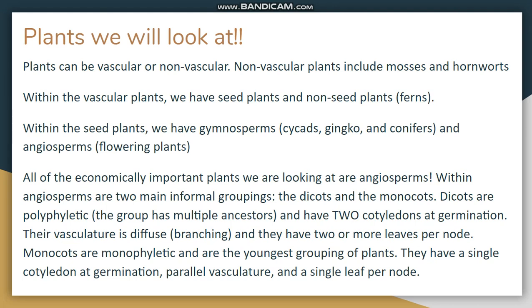Now, I should more accurately say a single cotyledon in monocots or a double cotyledon in the dicots as embryos, and that's not fully true either, because there are plants where the cotyledon doesn't actually emerge from the seed coat or from the ground when the seed germinates. Walnuts, for example, are dicots, but you don't see the cotyledons.